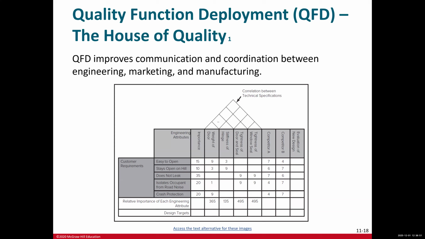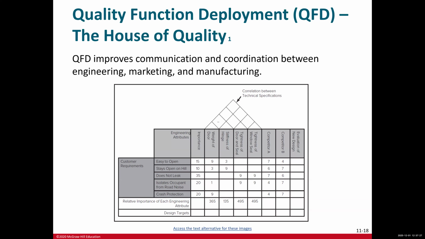On the left-hand side, the team identifies customer requirements, and this is for the door of a car. How easy to open, these are features. Customer requirements: easy to open, stays open on hills, does not leak, isolates occupants from road noise, and crash protection. These are customer requirements that we need to fulfill.